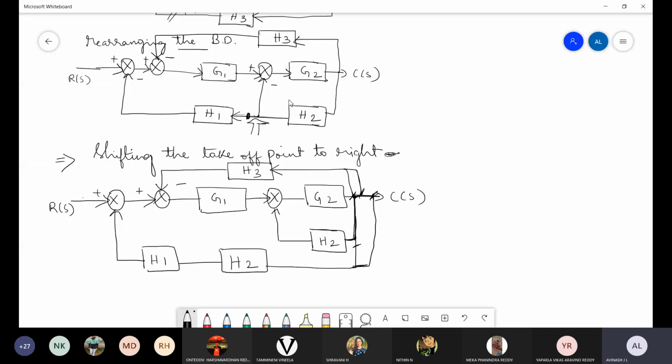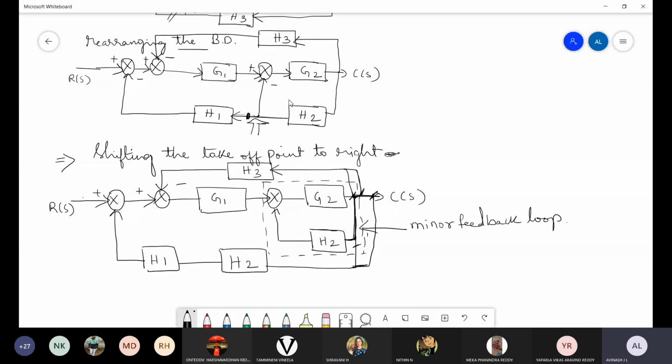Now we can also see that this particular thing will become the minor feedback loop. Isn't it so? Anyone of you please reply. Yes, sir. This is the minor feedback loop it will become.